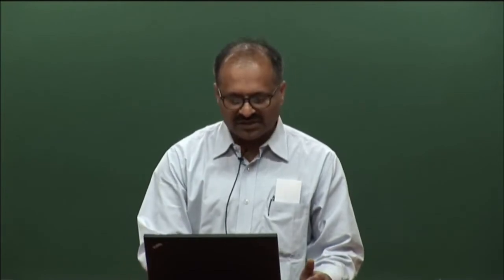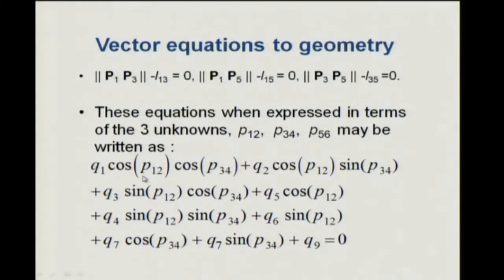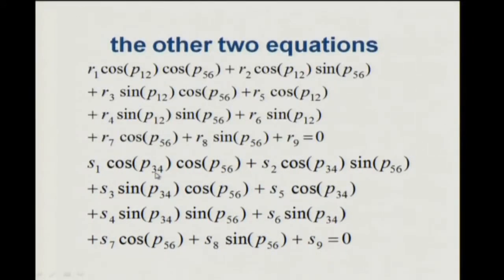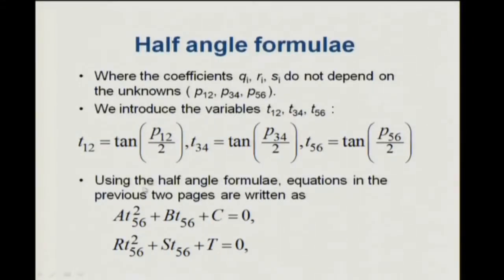But note carefully that there is no cos P12 being multiplied by sin P12, and cos squared P12 is also not in this expression. That detail is important, and that is why you end up with an equation in this form.